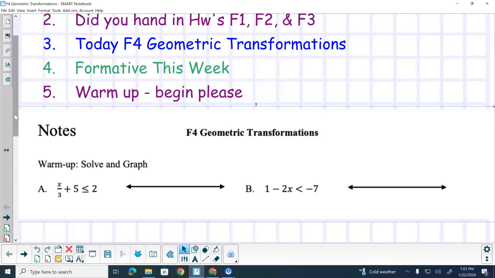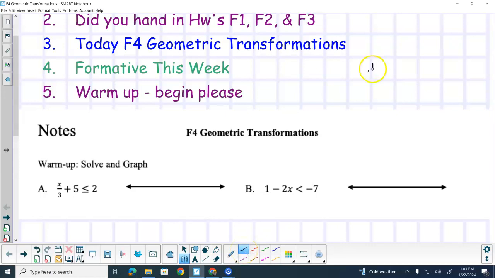So the 5 steps to solving, or doing all that fun stuff. What was the first one when we were solving something? What was our first step? What do we clear first? We talked about it every day for a month.